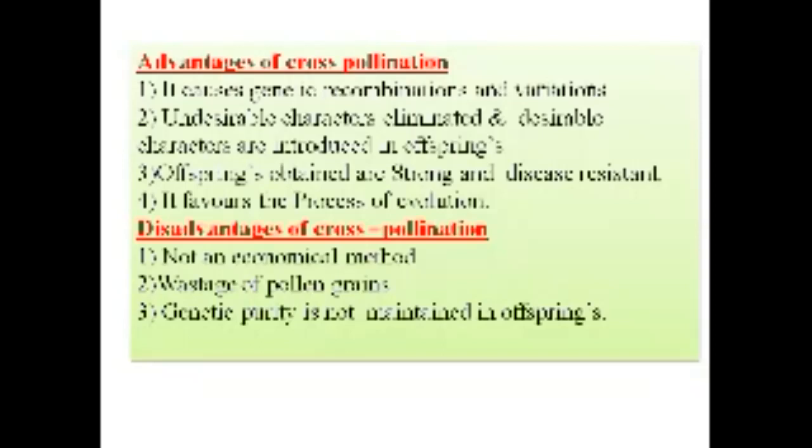There is more wastage of pollen grains. Genetic purity is not maintained because genetic recombinations take place in cross-pollination. Therefore, genetic purity is not maintained in offsprings. So these are the drawbacks of cross-pollination.